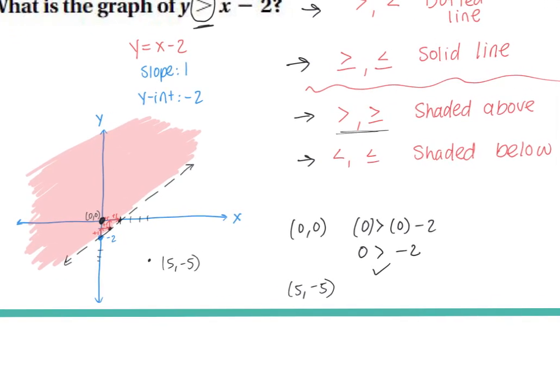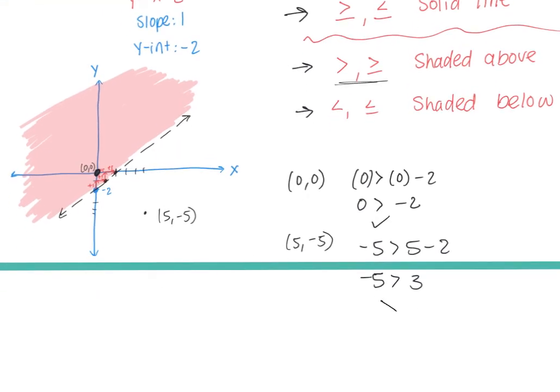For y, we're plugging in -5. -5 is greater than 5 minus 2. Is -5 bigger than 3? No. So it's not a solution. Do you see how all the ones that are not solutions are going to lie outside the shaded region? All the ones that are solutions are going to lie inside the red region. Okay?